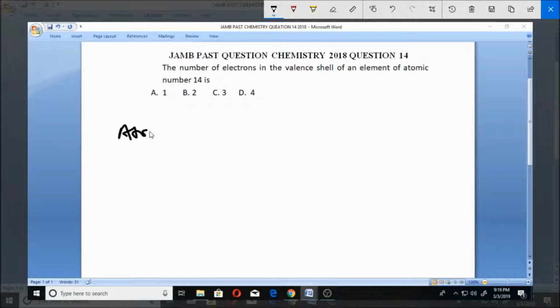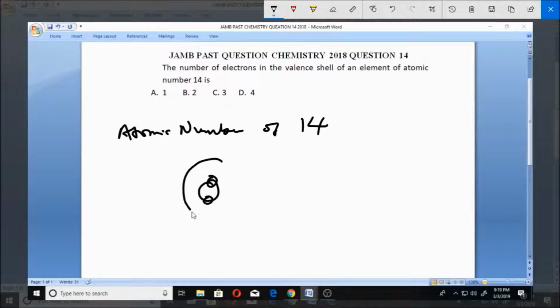So now you're given the atomic number of 14, and you're told to draw in order for you to find the number of valence shell electrons. So you have to have the first electron shell, which normally has just 2 electrons.